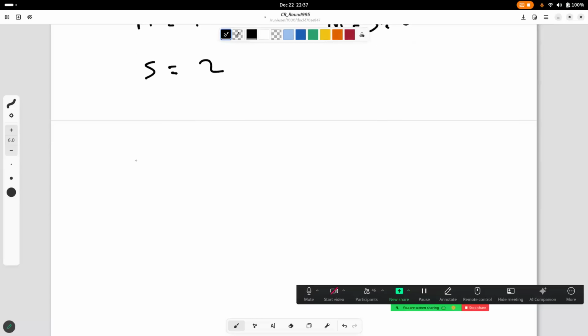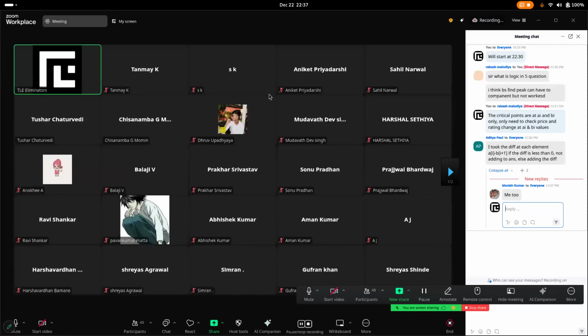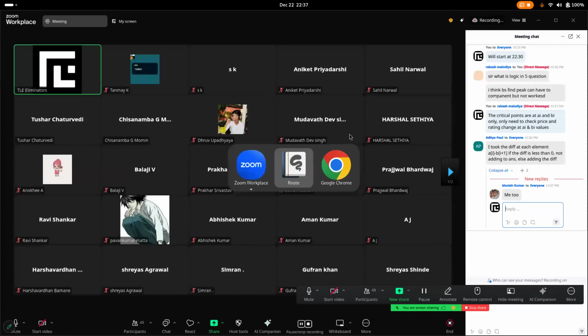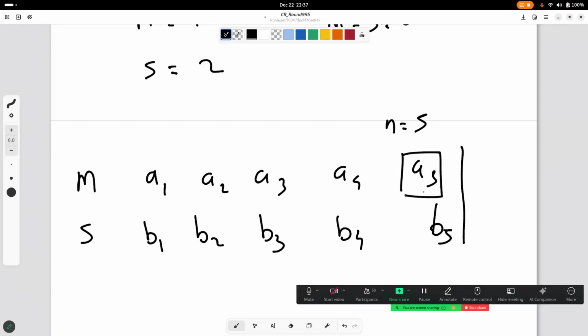And yeah, even in the final test case, we could just work it out in that way. Well, the basic idea is monocrab and this is stereocrab, and you just go to 1, 2, 3, 4, 5. Let's just say that n equal to 5 for now. This is the last day, and so if M solves the problem on the last day, he'll be the only one to get the points.